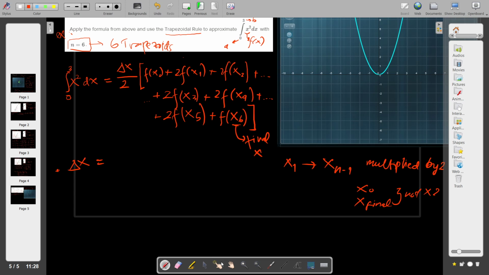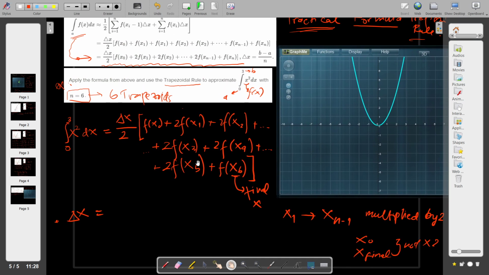Delta x is (b minus a) divided by n. Our b is 3, minus a, our a is 0, divided by n. Our n is 6. So our delta x is 3 over 6, which equals a half.